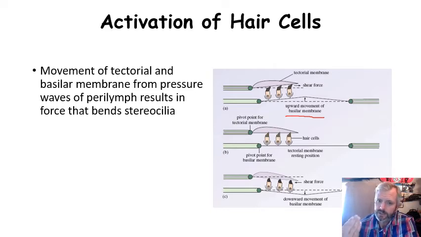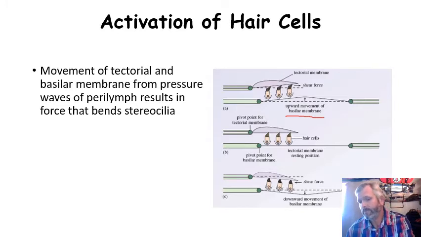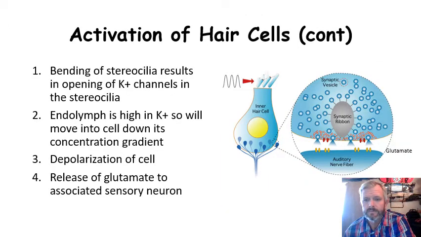Remember, there's no kinocilium here, but the bending is going to do basically the same thing, in that there are mechanically gated potassium channels. Potassium channels open when there's bending, and we're going to get movement of potassium into the cells. So activation, bending of the hair cells towards the high end, is going to open up my potassium channels.